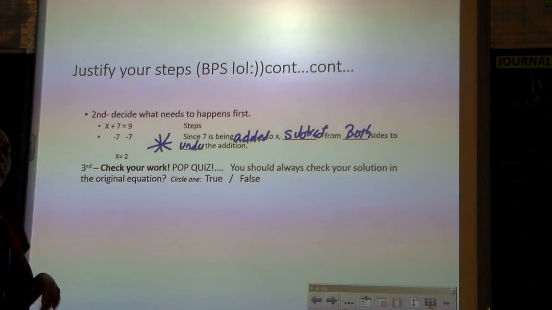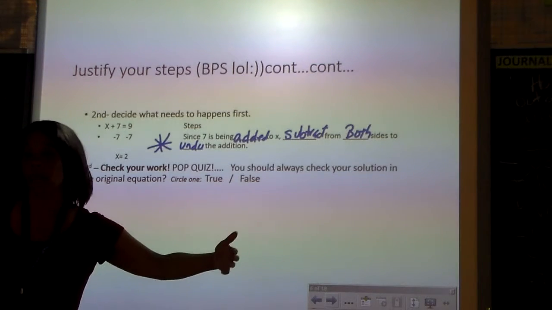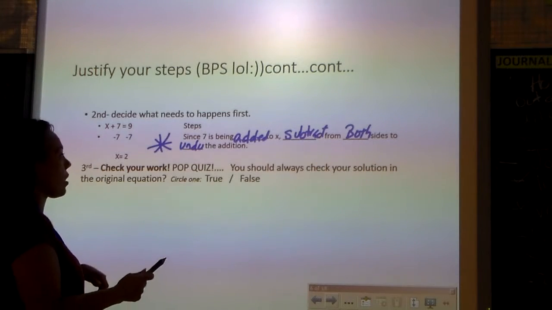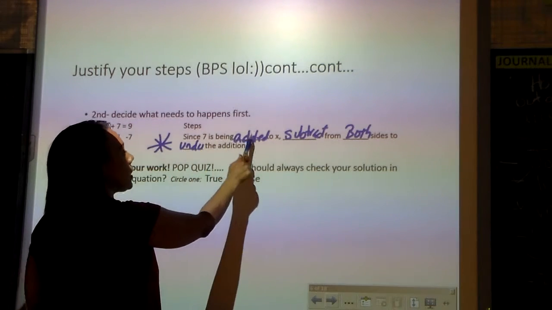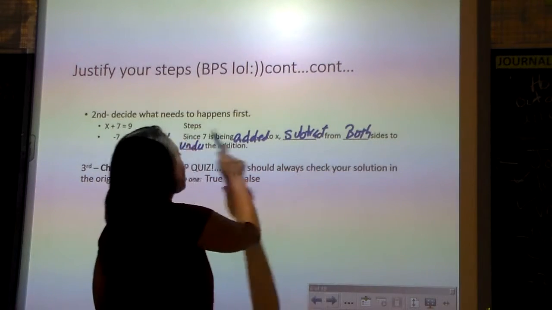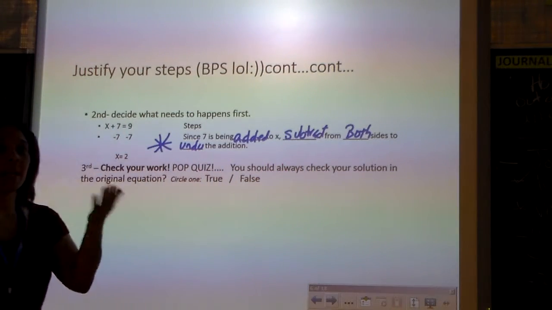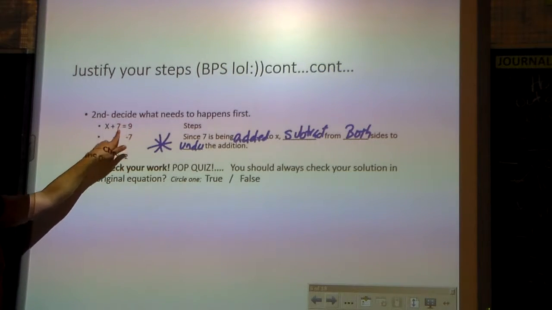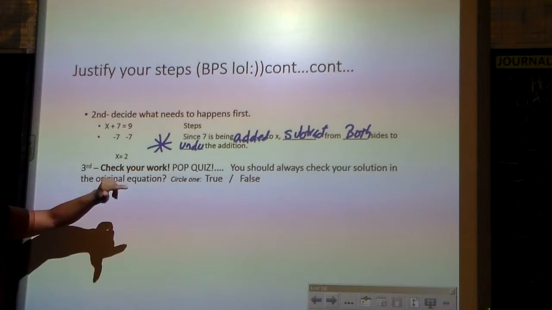Although in the last screen I just put subtract 7 from both sides, the more proper way to attend to precision is to say this. Since 7 is being added to x, subtract 7 from both sides to undo the addition, because that's what we're doing. We're subtracting 7 from both sides to undo this plus 7 right here.